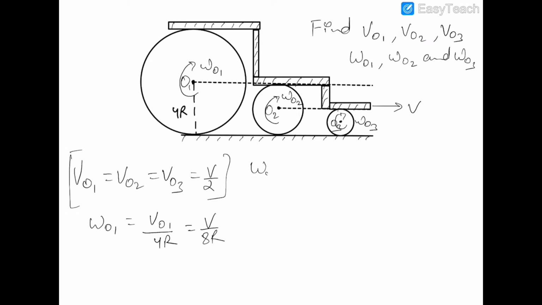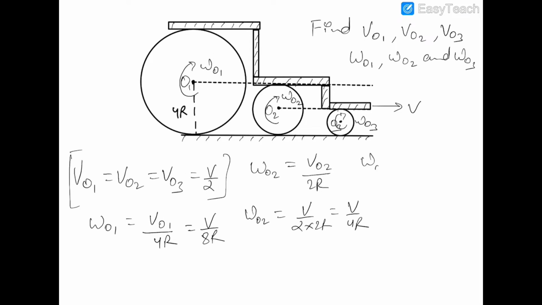Now omega O2 is equal to VO2 upon the radius of this ring, which will be 2r, because its diameter is 4r, its radius would be 2r. So VO2 upon 2r, and therefore omega O2 will be equal to v by 2 into 2r. So this is v by 4r.